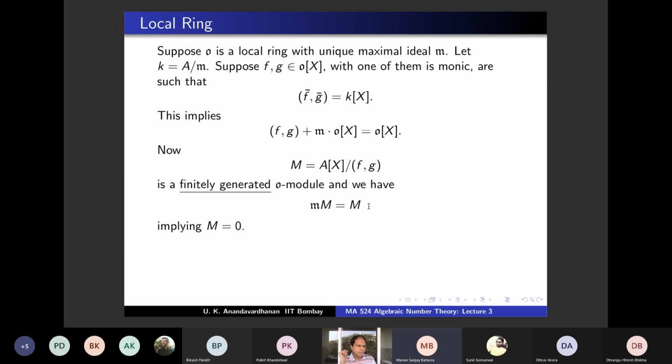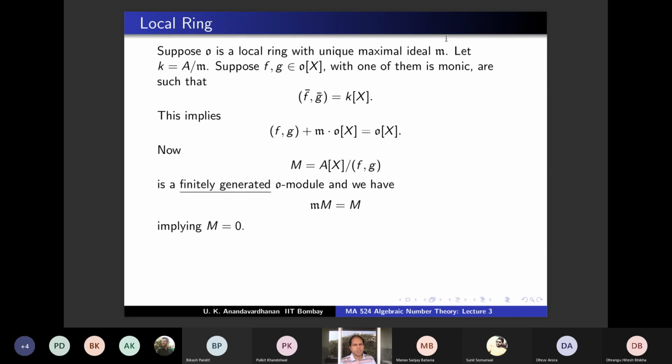Over here we can say M equal to 0 because O is local, right? Correct. In general, if O is a ring, then there exists A such that 1 plus A is a unit. It's something like that. Fine. So in the local ring situation, everything is simpler.